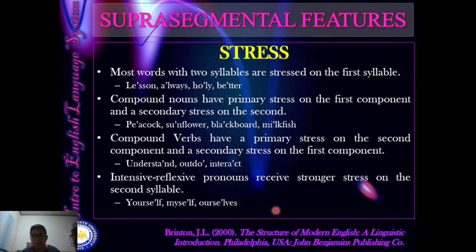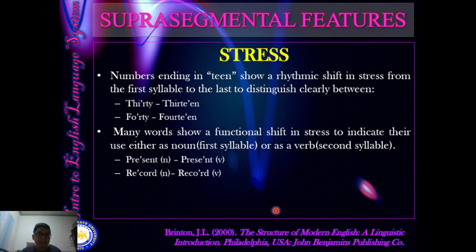So it's the best test for us to see on stress. Numbers ending in teen show a rhythmic shift in stress from the first syllable to the last to distinguish clearly between 30, 13, right? 30, 13, 40, 14.